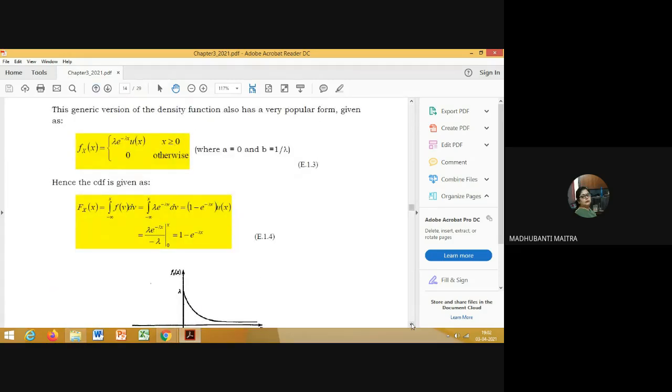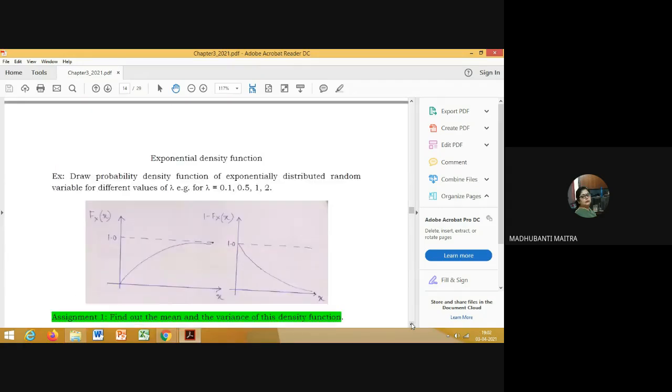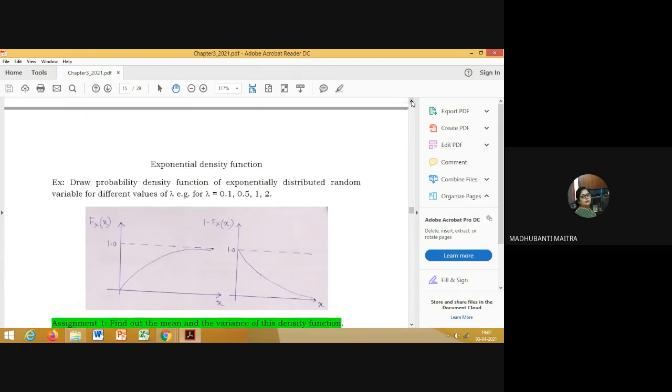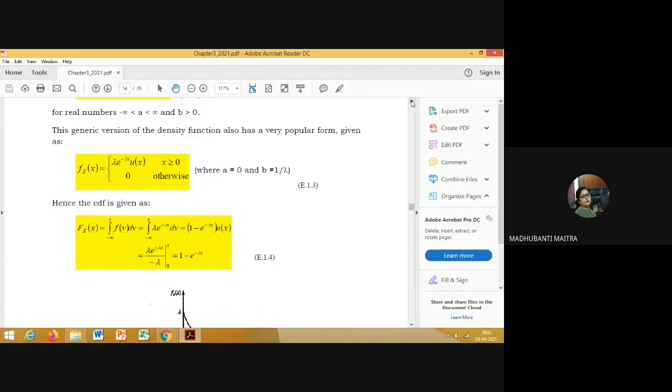Now next, what we'll do, we'll try to find out the mean value of this density function, or the expected value of the random variable from this given density function. Do it.